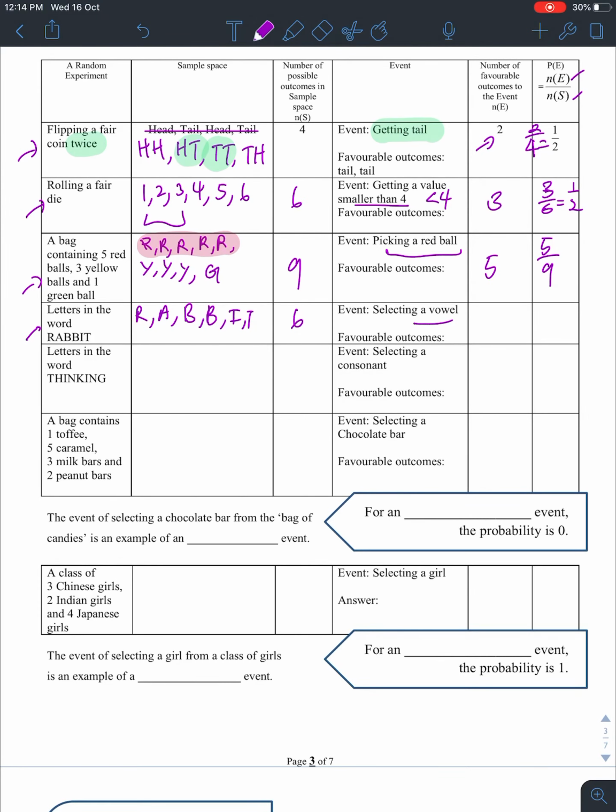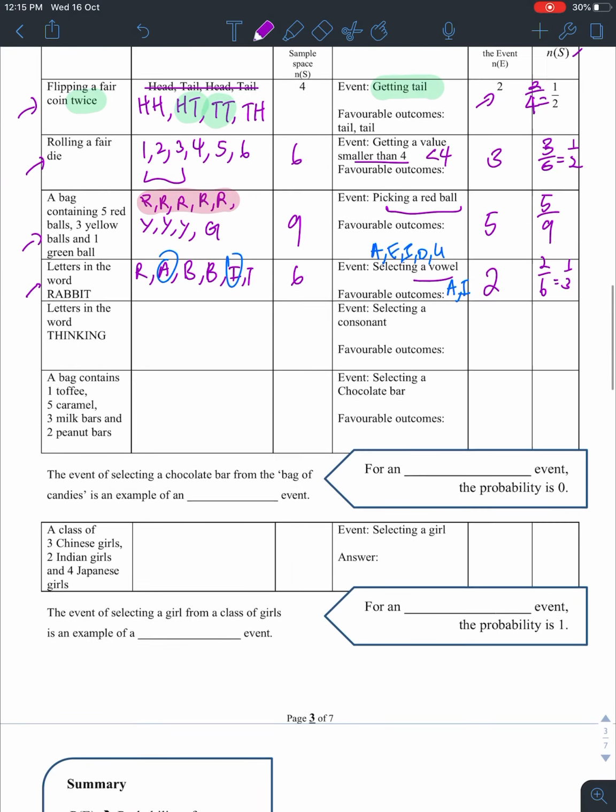Okay, vowel means that we are looking at A, E, I, O, U. So the vowels are simply A and I for our word rabbit. So there are 2 of such favorable outcomes, and the probability of selecting a vowel would simply be 2 over 6, which gives us 1/3.